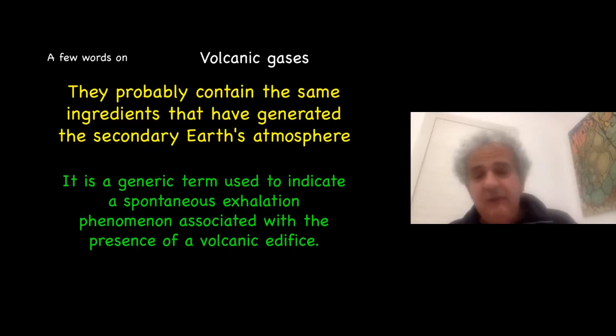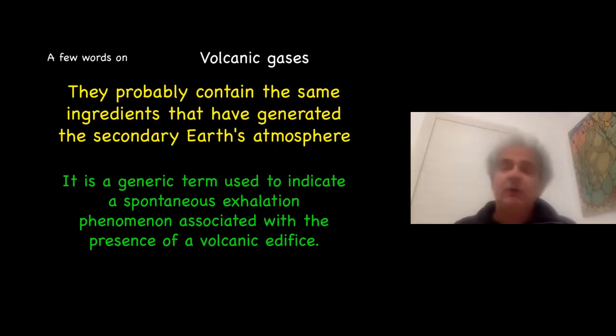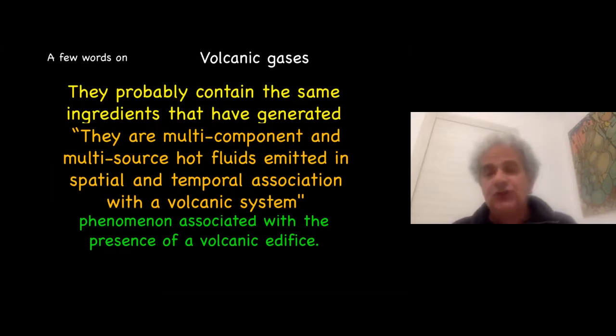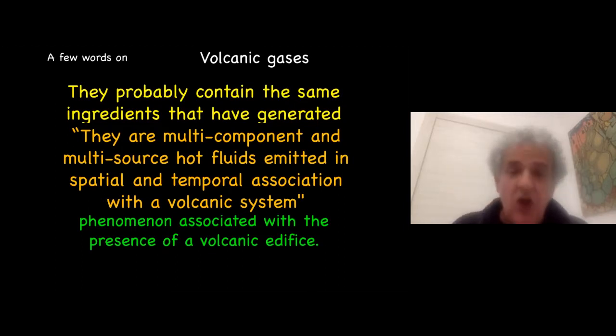It's a generic term that is used to indicate a spontaneous exhalation phenomenon associated with the presence of a volcanic edifice. The other most important point is that the volcanic gases are multi-component and multi-source hot fluids emitted in spatial and temporal association with a volcanic system. What does it mean?